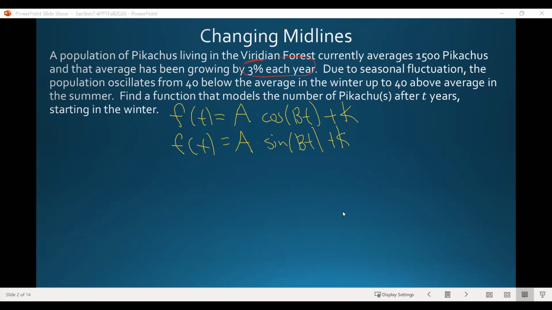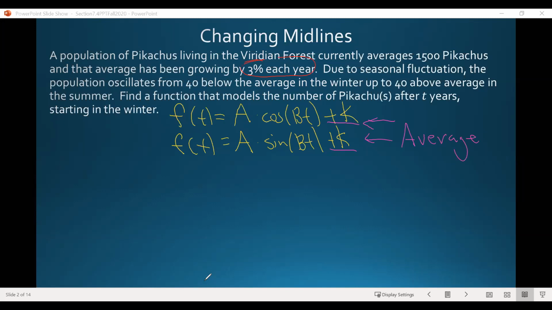However, in the situations we've looked at in the past, the value for k has been our average, right? In some of the previous situations we've looked at, for example, the ones with temperature, that number being added on the end there was the average value.